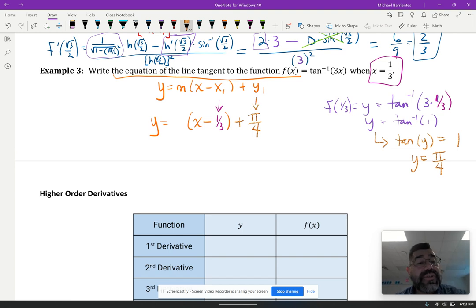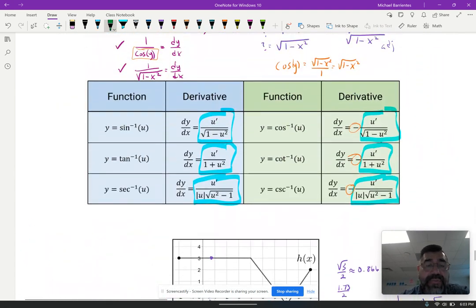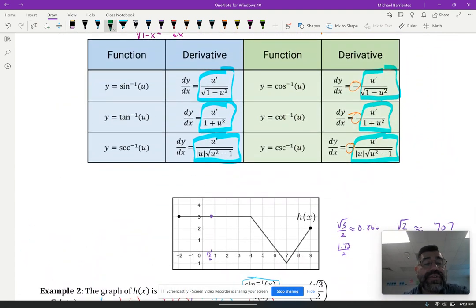And in order to find slope, we need to find the derivative of this. So I come over here, and we're going to find the derivative of f. The derivative of tangent inverse, well, if we go back and look at our formulas, the derivative of tangent inverse of something, that's what the u stands for, my inside function, is the derivative of that something divided by 1 plus that something squared.